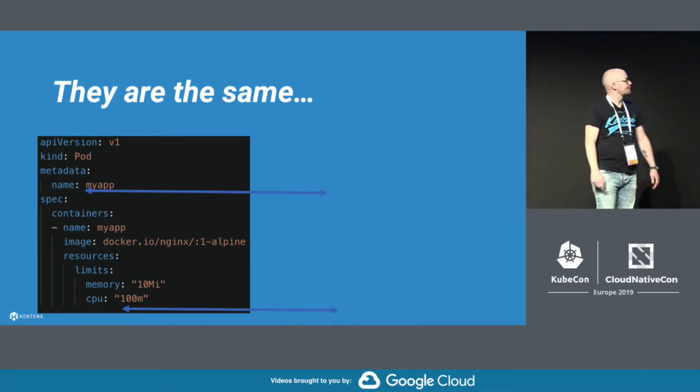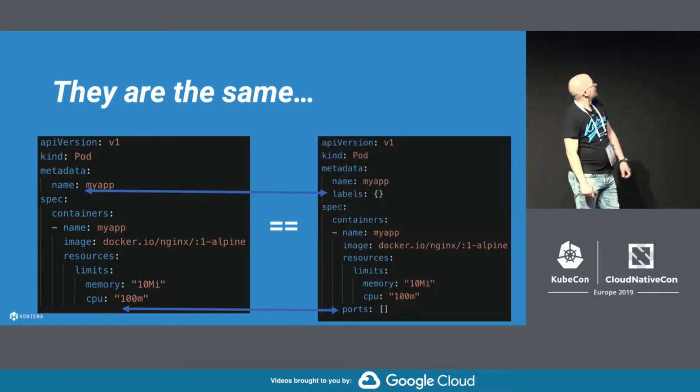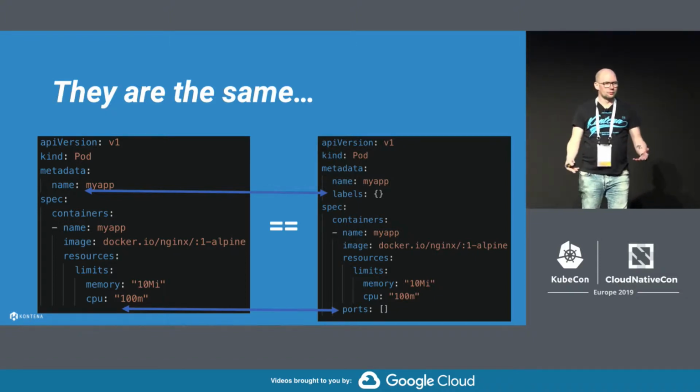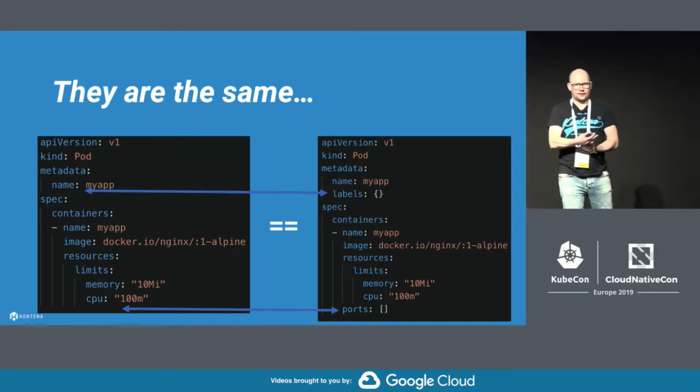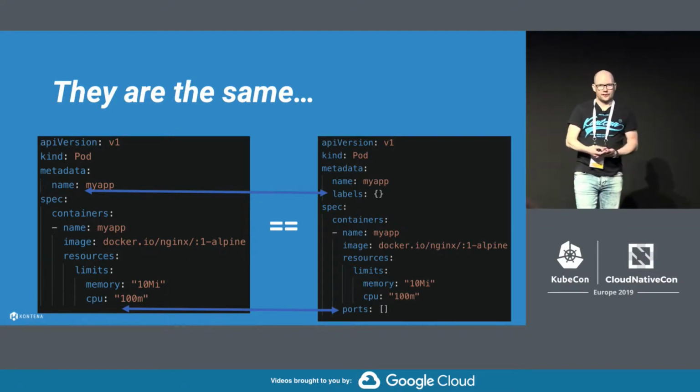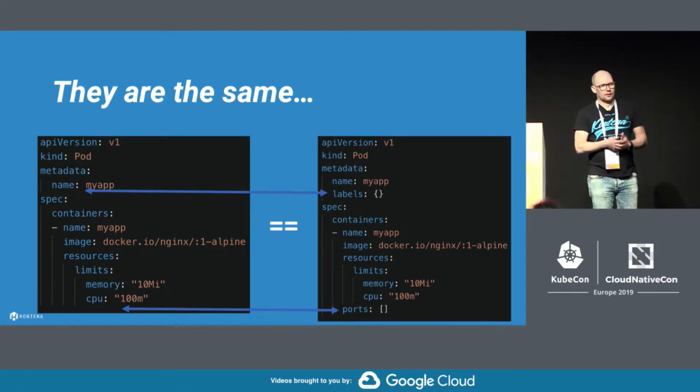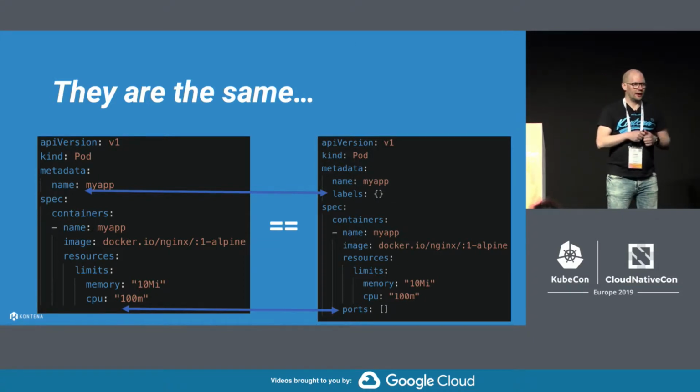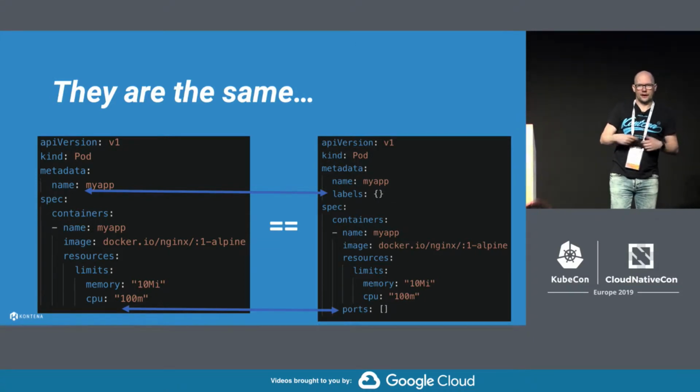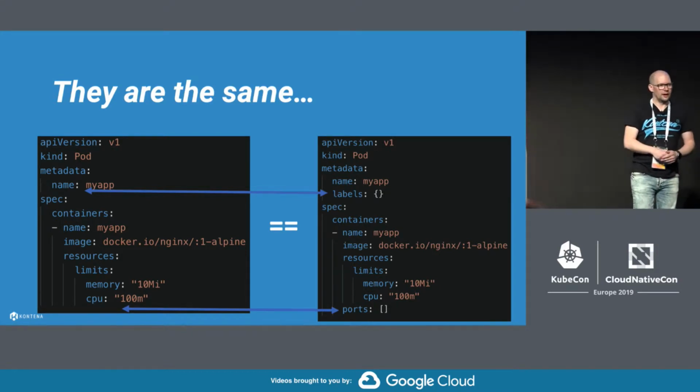That's fine. Then I create another pod where I define labels as an empty struct. I define ports as an empty array. When you post those two pods into the API server, they end up being the same, which is okay. I can live with that.